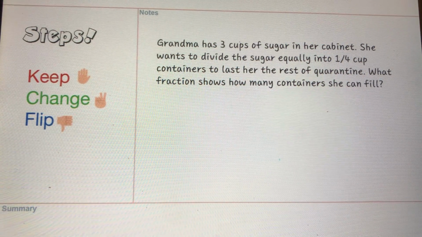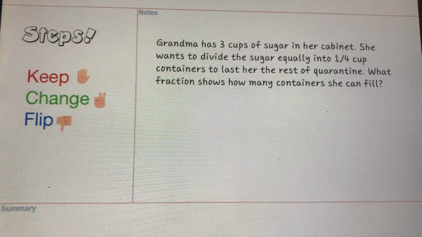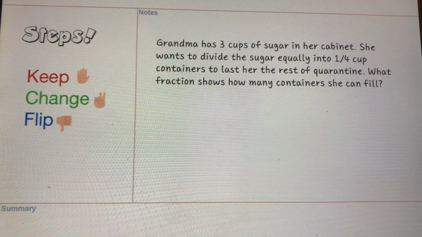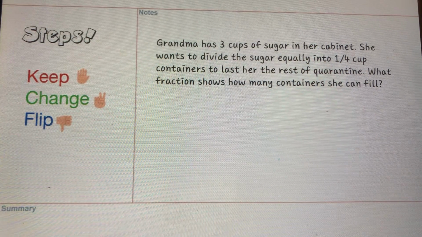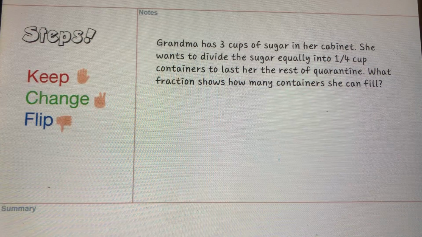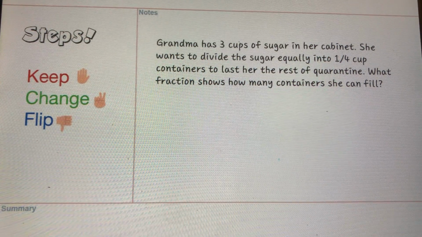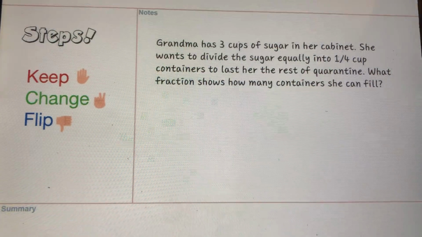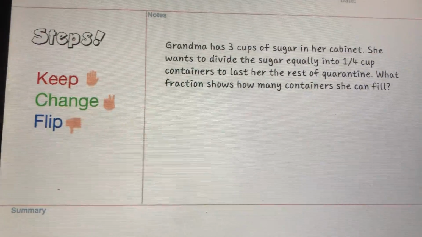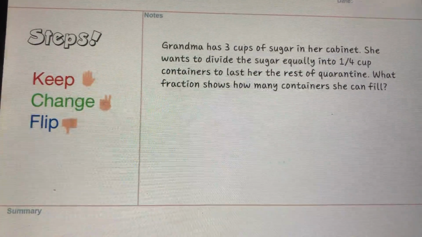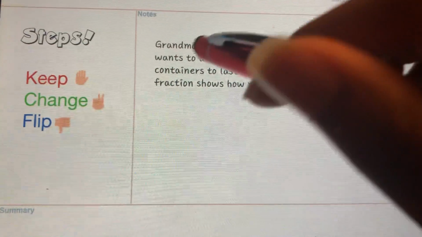First step, when you read the word problems, I would actually read it twice. And when I'm reading it, I would look for my keywords. As you can see here, we see "of," but that's not actually our keyword here. Our keyword is divide.